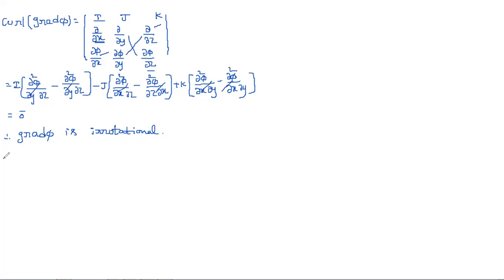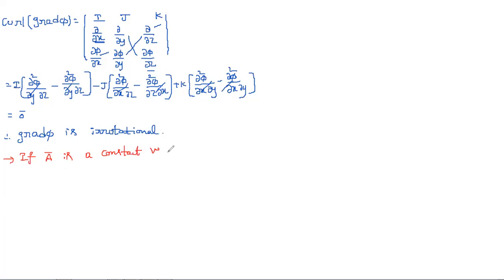Next, same short answer type. If A bar is a constant vector, the same divergence we proved yesterday, and we are going to see that curl. A bar is a constant vector.